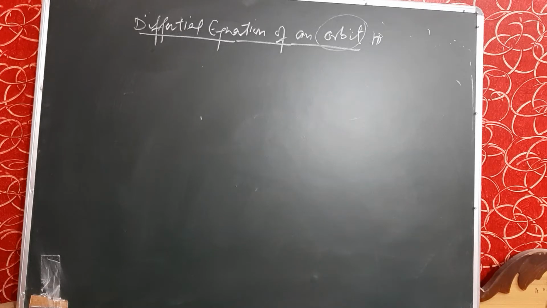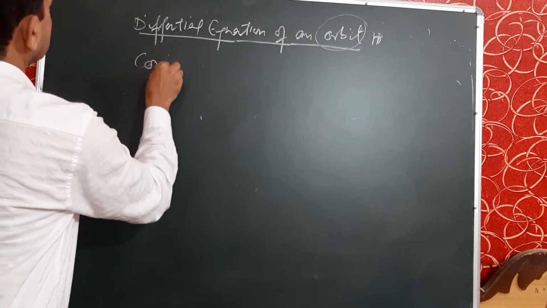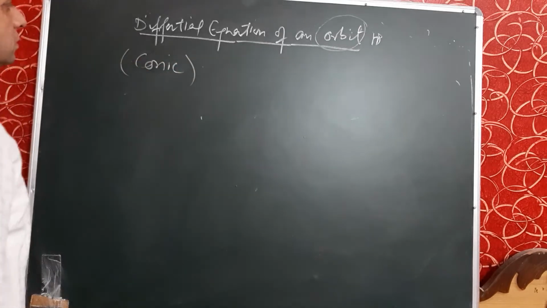You will observe that the path followed by the particle under central force is always curved in nature, that is, the path is a conic path. What do you know about conic?